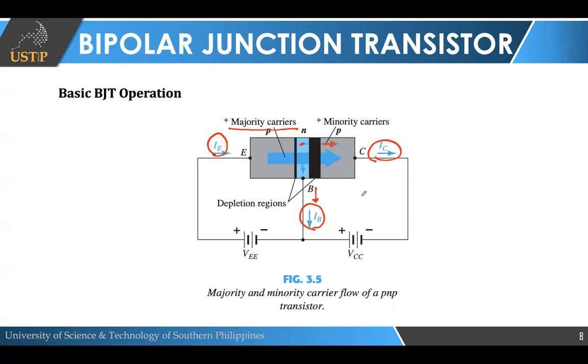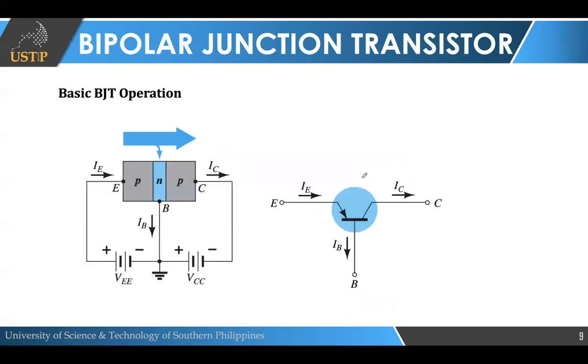Okay? Now, how about the schematic symbol, no? It's easy to remember, class, because for your PNP, the arrow is pointing in, P, pointing in. So, the emitter current is actually going into the node. It doesn't go out of the node, no? So, your current, your hole here, is going to the right, no?